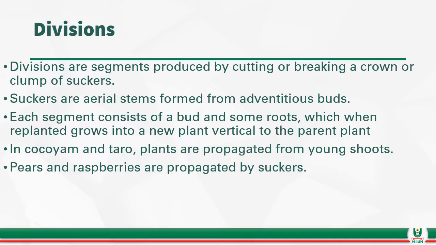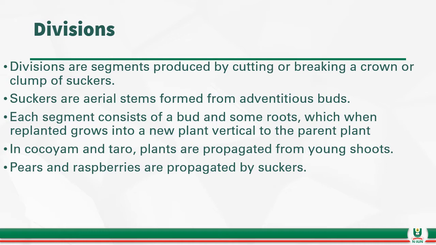And like I said in the previous slide, we will continue with our last facilitation, and we'll be talking today about divisions. Divisions are also types of propagating materials, and divisions are segments produced by cutting or breaking a crown or a clump of suckers.